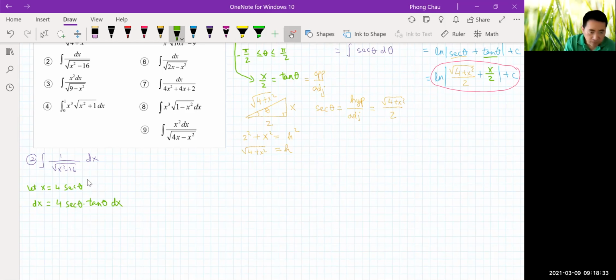Okay. Now that will help us simplify this quantity, right? So this quantity will become the integral of 1 over square root of, plug in 4 secant theta squared. Now skip step here, we plug 4 secant theta in, that becomes 16 secant squared minus 16.